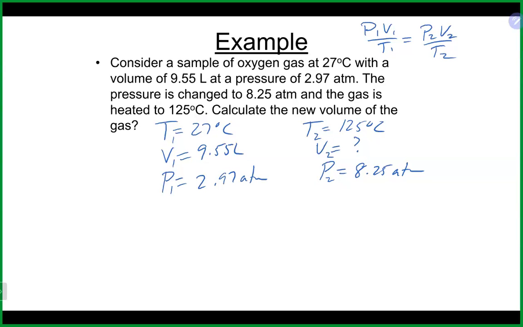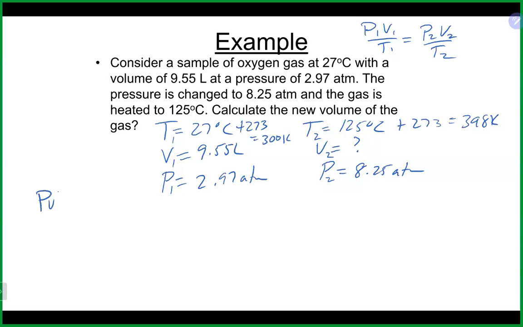The pressures are both in the same unit, but like normal, we have to convert our temperatures. We add 273, which gives us 300 Kelvin, and we also add 273 to the other, which gives 398, I think. Now we have everybody.